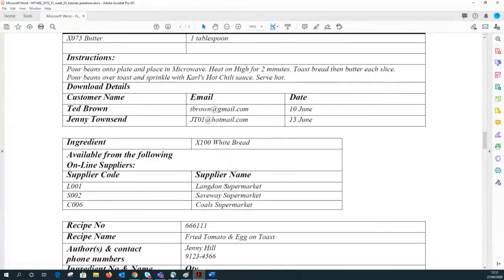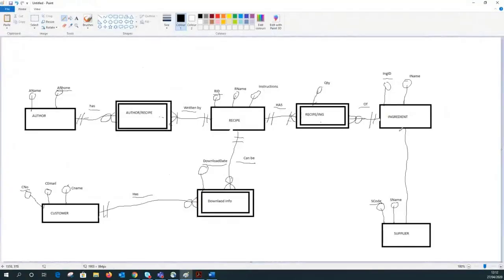That is what it says, right? So these ingredients are supplied by 3 suppliers. So looks like there is a many-to-many relationship. So that means if I have the many-to-many relationship, same principle applies. I need to get rid of this and then attach a weak entity.